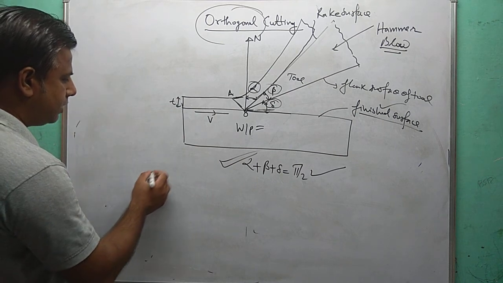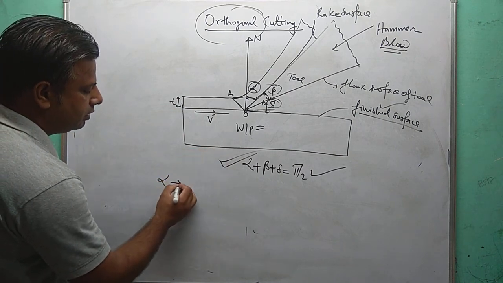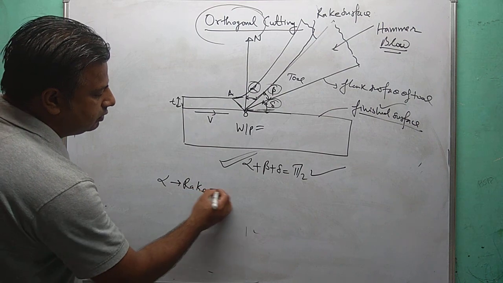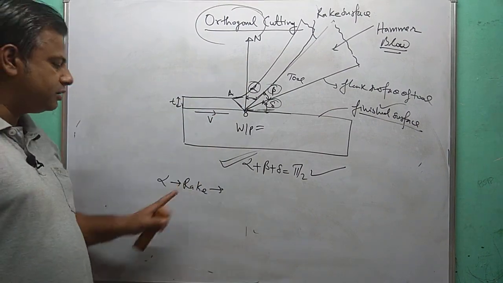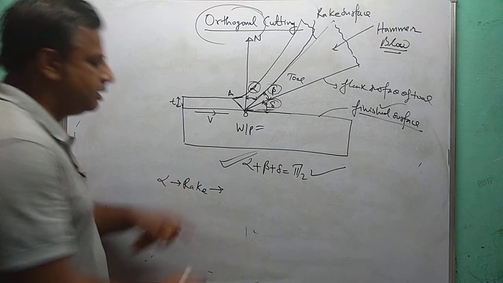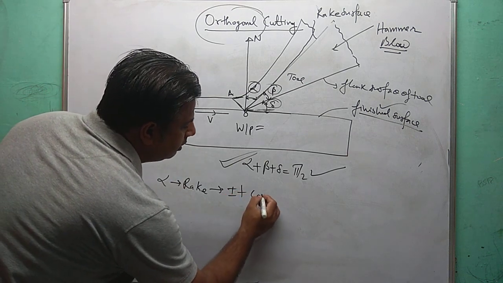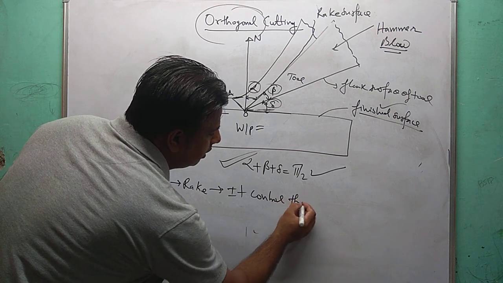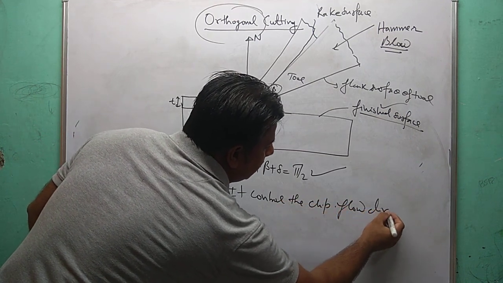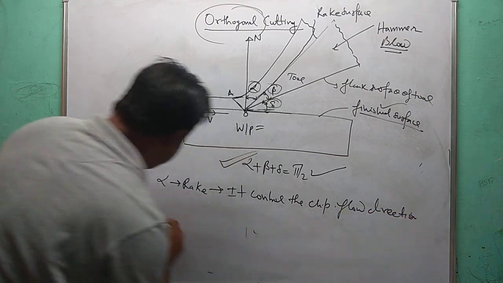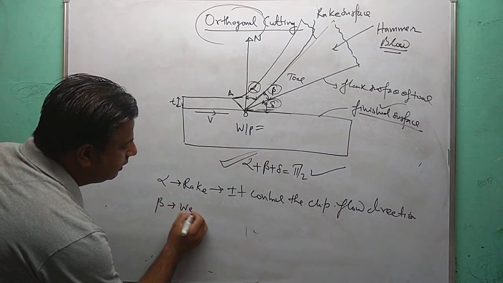Here I want to explain the rake angle. Alpha is your rake angle. The importance of the rake angle is that it controls the chip flow direction. Number 2, beta is your wedge angle.